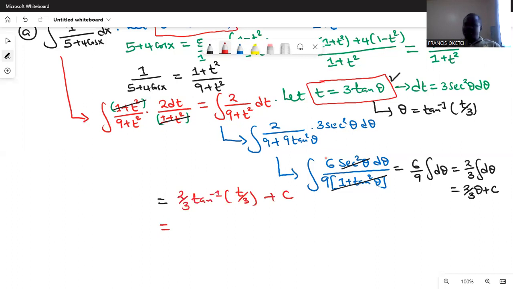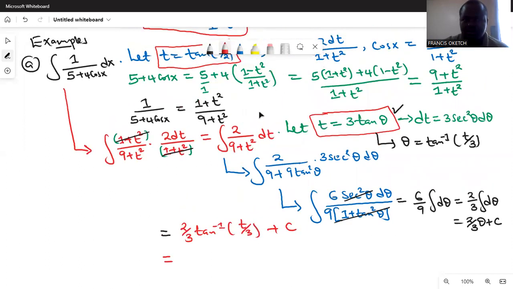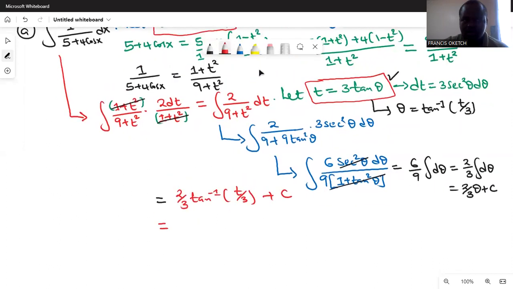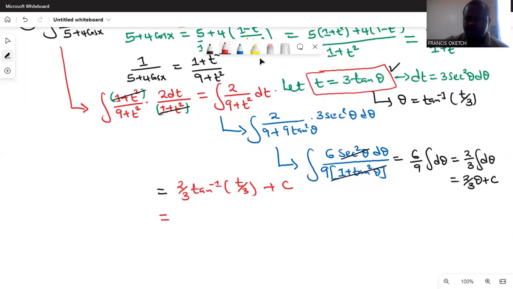But what is t? So you go back to the other substitution where we said t is equal to tan x over 2. So let us replace that. Instead of t, we are going to use tan x over 2.